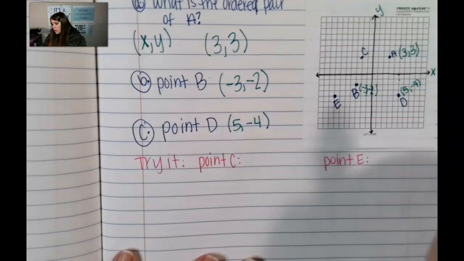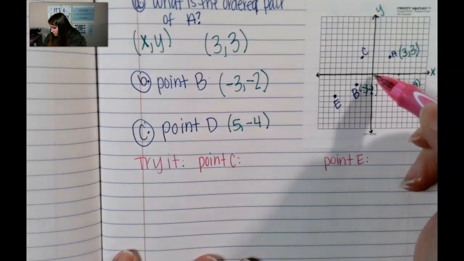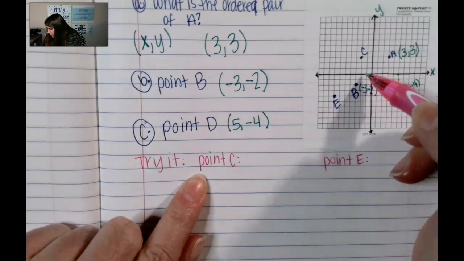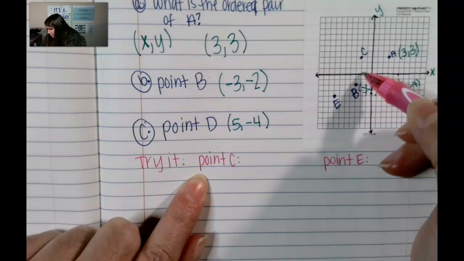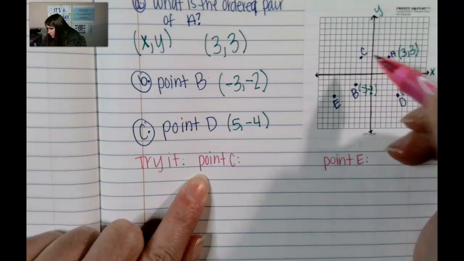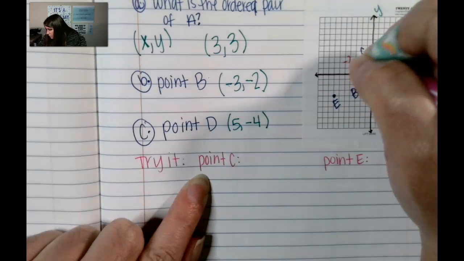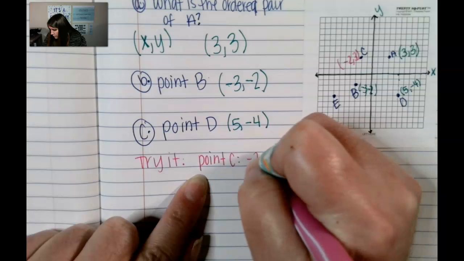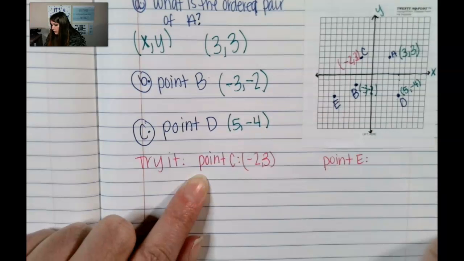So I'm going to start at 0, 0, and I am going to go over on the x, 1, 2, and then up 1, 2, 3. So -2, +3.